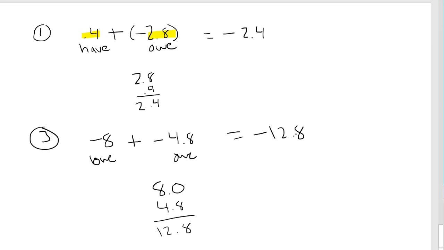So negative 12.8. Okay, I'm going to do number 7 with you. Okay, number 7 says 6 minus a negative 3.099. Okay, so on this one we need to first change the subtraction to addition.